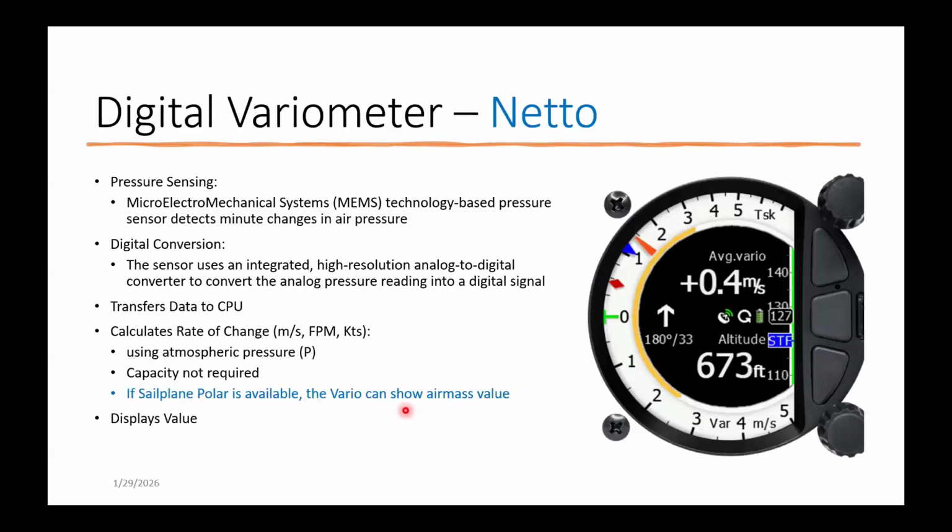Whichever way the variometer wants to use, you get your glider's polar in there using that method, and then the red needle up here will be telling you what the air mass is doing, by getting rid of the glider's portion, whether it's plus or minus.